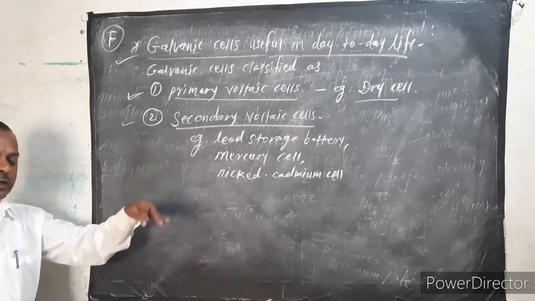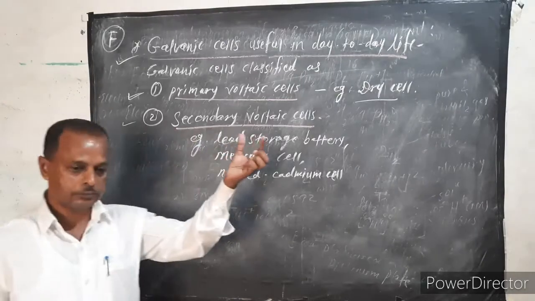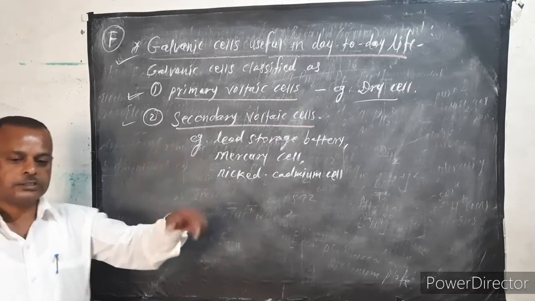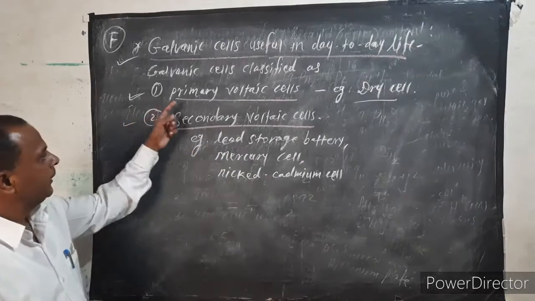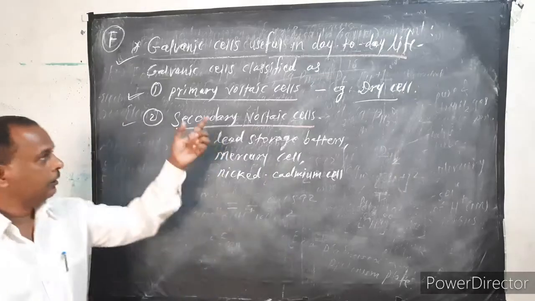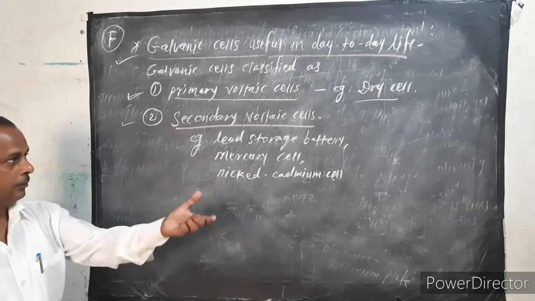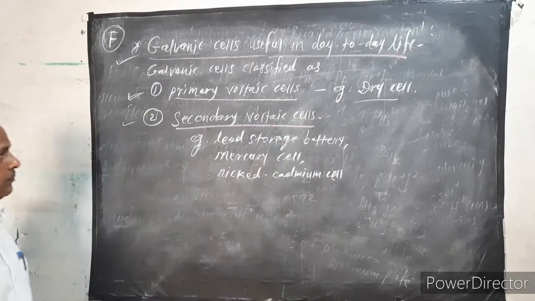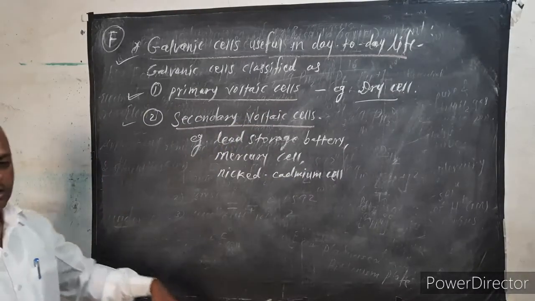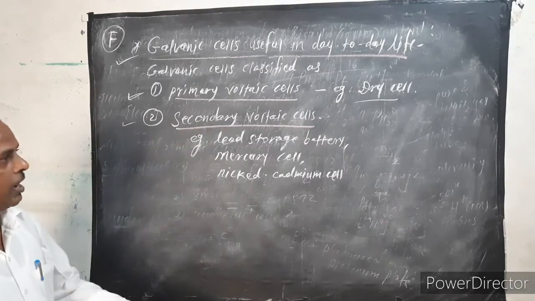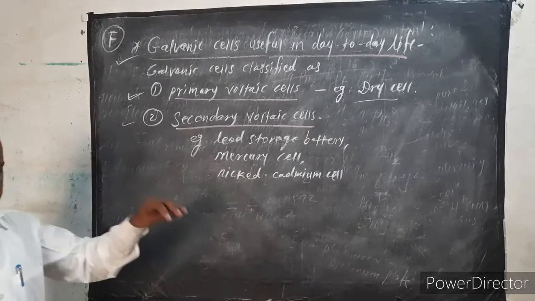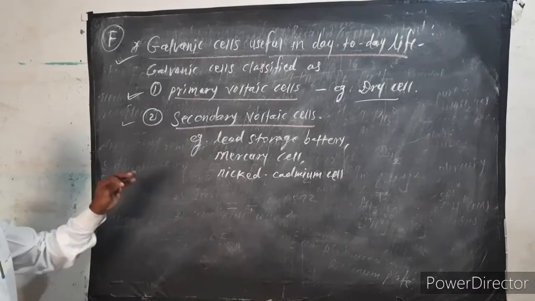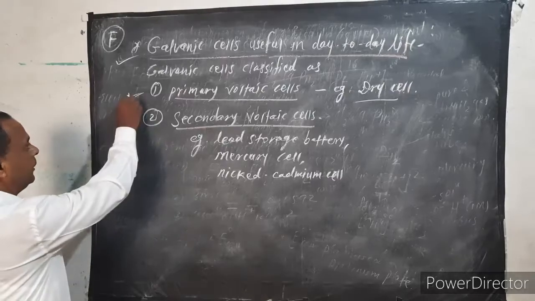That's why once the chemicals in that voltaic cell are used, the cell reaction stops and automatically the life of the cell ends. Such a cell is called a primary voltaic cell: those cells which cannot be recharged, whose electrolytes cannot be regenerated.